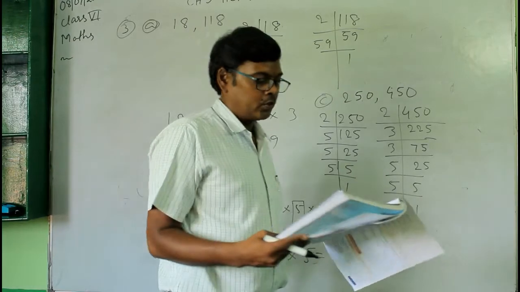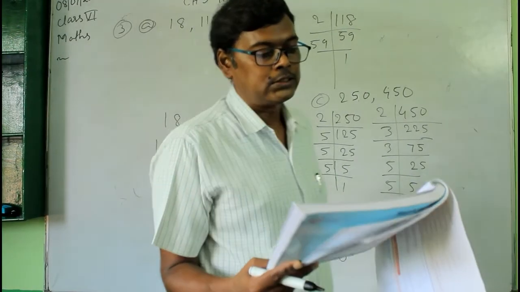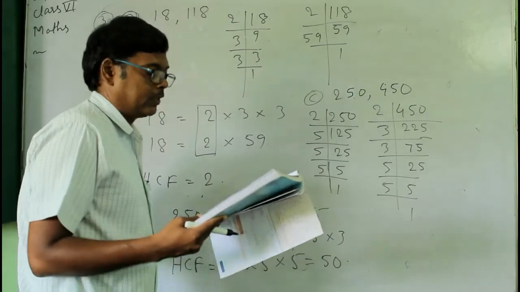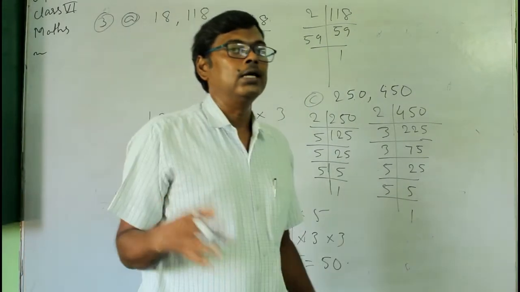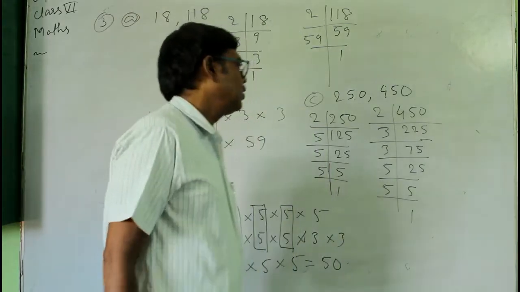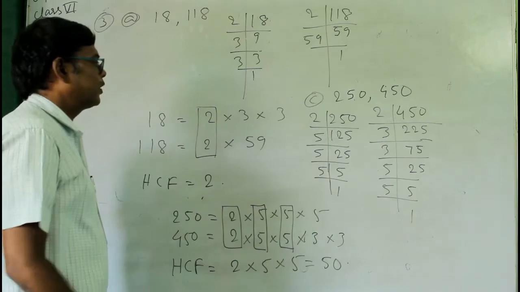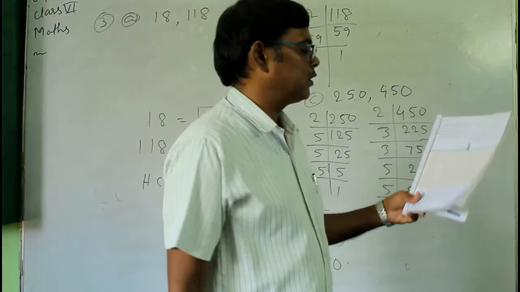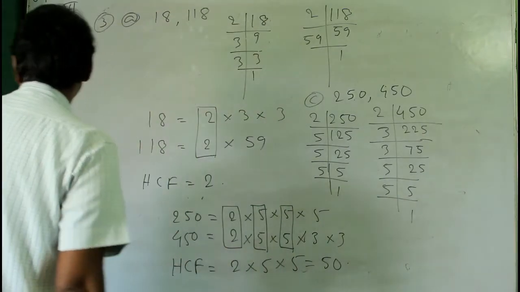Now, question number 4. Find the HCF of the following using the long division method. There are many methods here, like the factor method, then the prime factorization method, then the long division method. This was the prime factorization method, and in this next question we are going to find the HCF by the long division method.